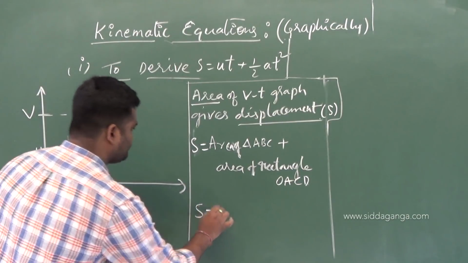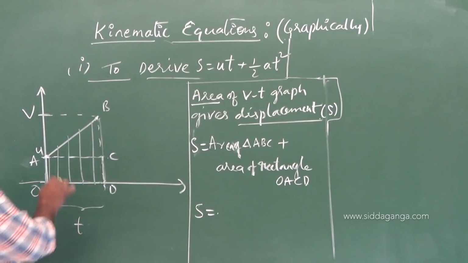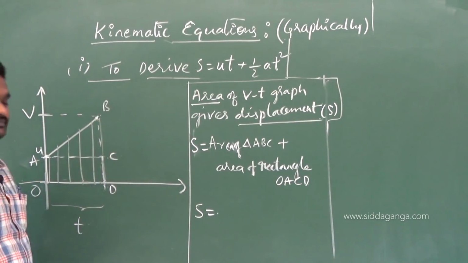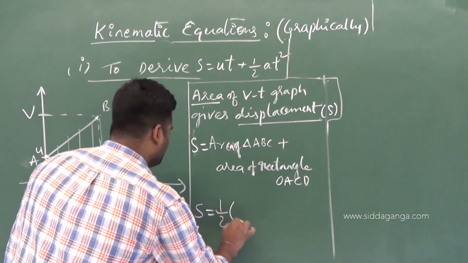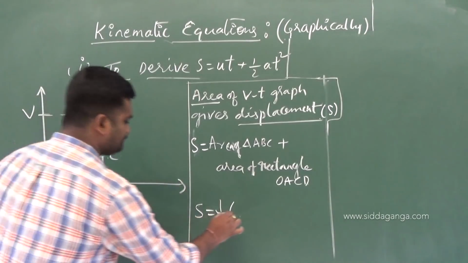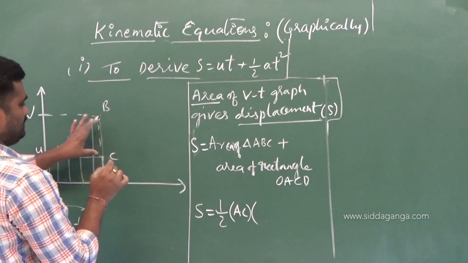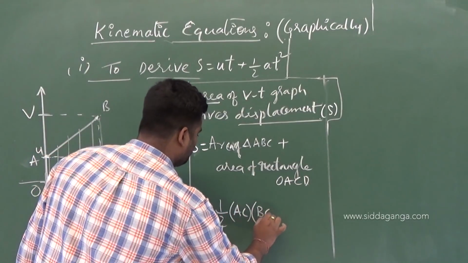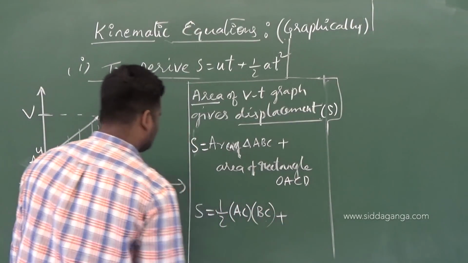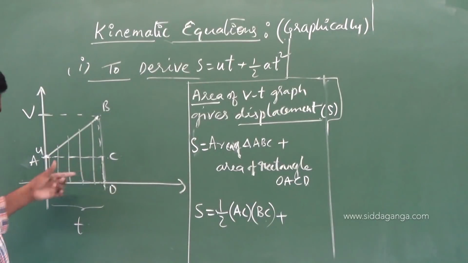Yes, area of triangle ABC means half into base into height. This is half into, what is base here? AC, into what is height here? Height means BC, remember this. Half into base into height plus area of this rectangle. What is that?